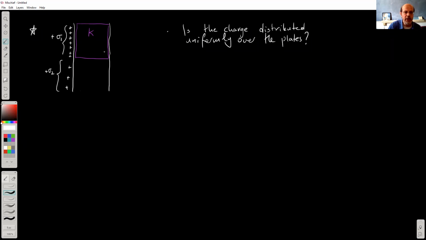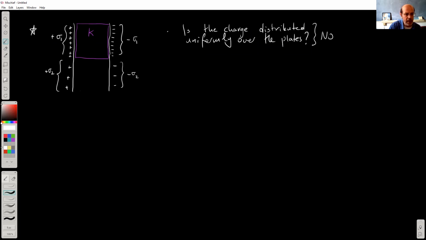Since this is an exaggerated picture, this area is large and these are very close to each other, so the opposing sides of the capacitor should have the same density, because there should be a local neutrality of the charges. So that's minus sigma 1. So the answer is no.